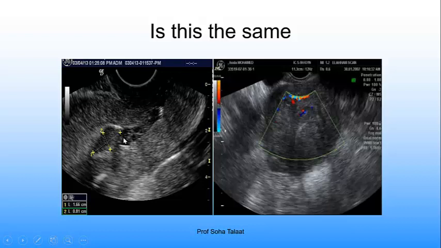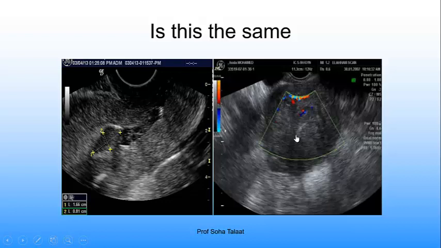If you have a look down to this, we have another lesion here showing cystic changes, and this is a polyp. It's not so hyperechoic, but there are cystic changes present inside, and there is no myometrial base.